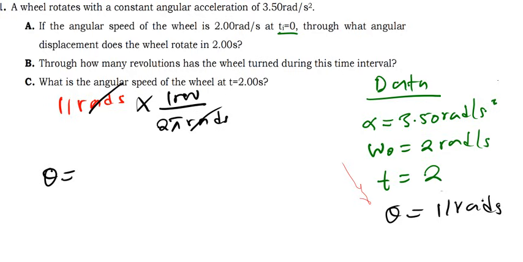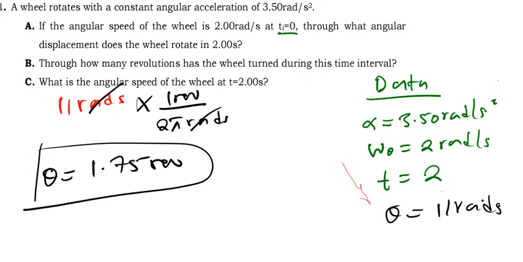So 11 divided by 2 pi, I'm getting 1.75 revolutions. So this is the answer. Through how many revolutions has the wheel turned during this time interval? It's 1.75 revolutions.